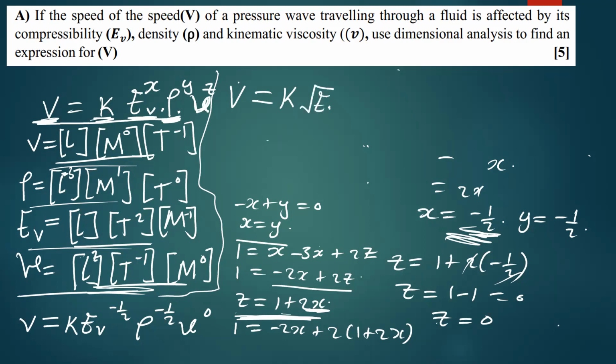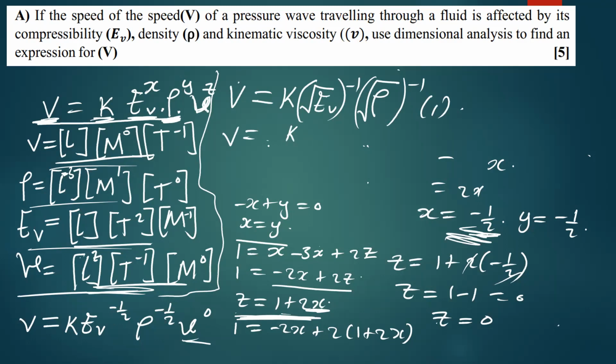So we have the square root of EV to the power -1, and then rho is also the square root of rho to the power -1, and then V to the power 0 is simply just 1. So when you simplify this further, you get K.